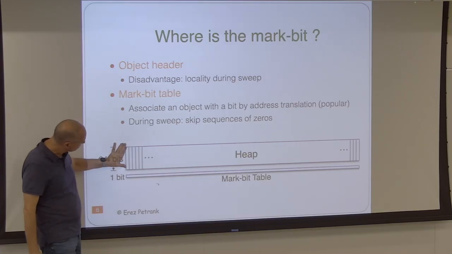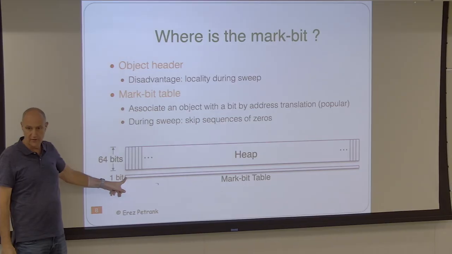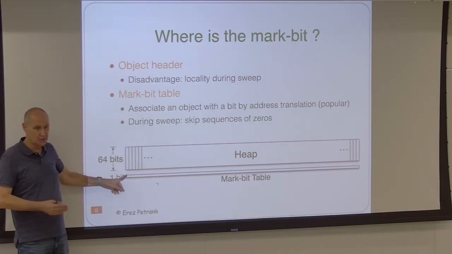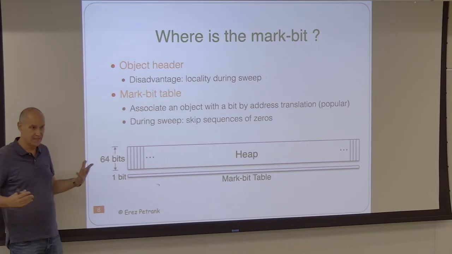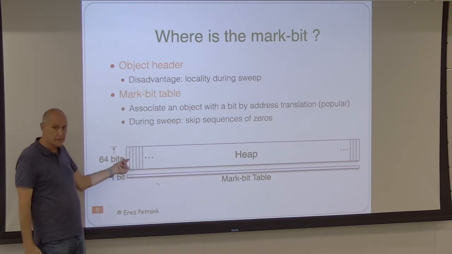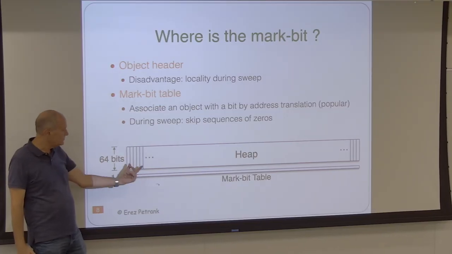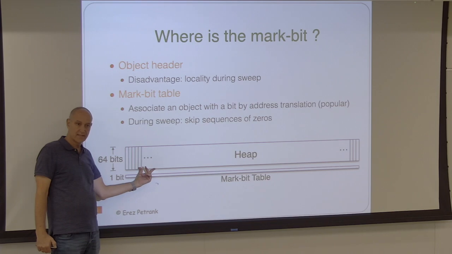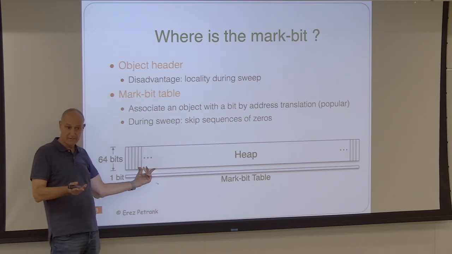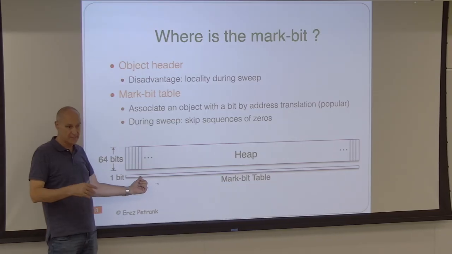For each word of the heap, we'll keep one bit. That is an overhead of 1/64 to the space that we usually need. So one bit for each word, and if there is an object that we want to mark and it starts at word 5, we will set the fifth bit in the mark bit table.